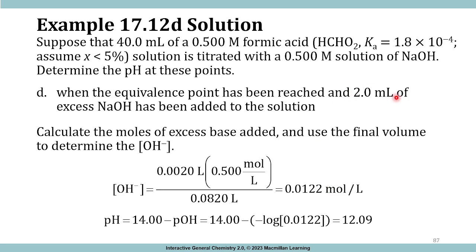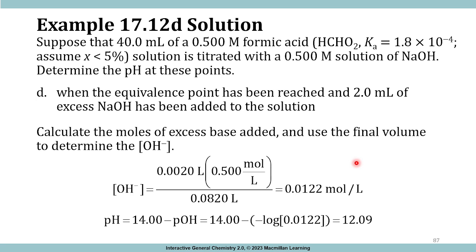So when the equivalence point has been reached and we've added 2 milliliters of excess NaOH on top of that, the next thing is that this is just strong base being added to a solution, isn't it? We have a fair amount of extra strong base in this case, so we can just calculate what would be our new concentration for that base.